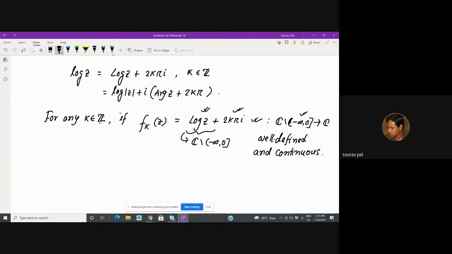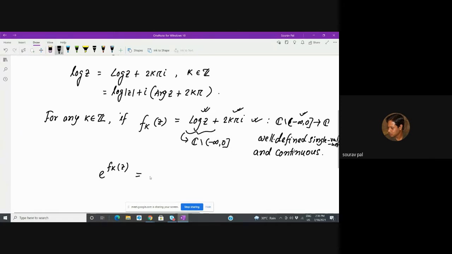So for each k belonging to Z, this f_k(z), if you define it this way, is a well-defined single-valued function, and this is continuous. Now if you test, it satisfies the first criteria. I am going to show that this is also a branch of logarithm. It is well defined and continuous on this region, and e to the f_k(z) is also z, right? Okay.